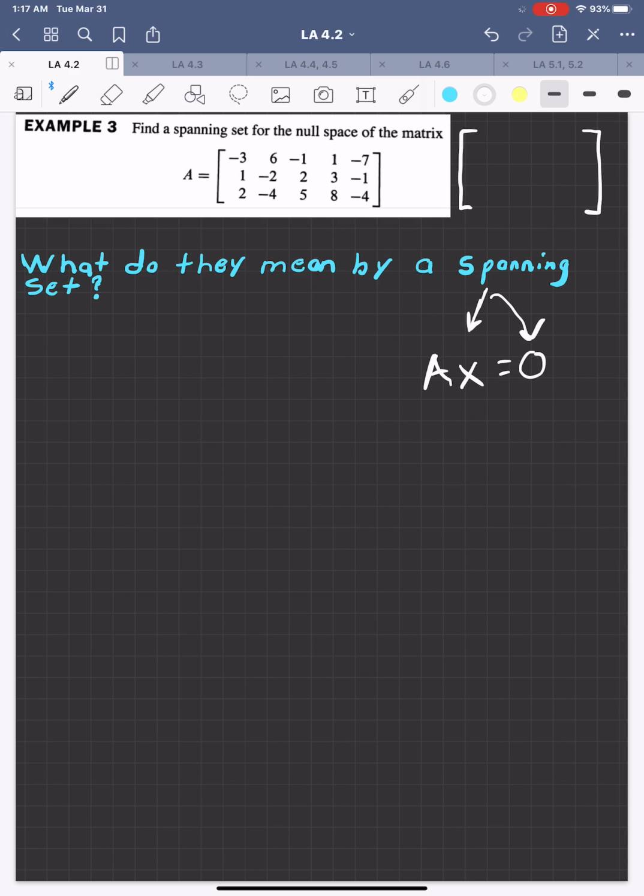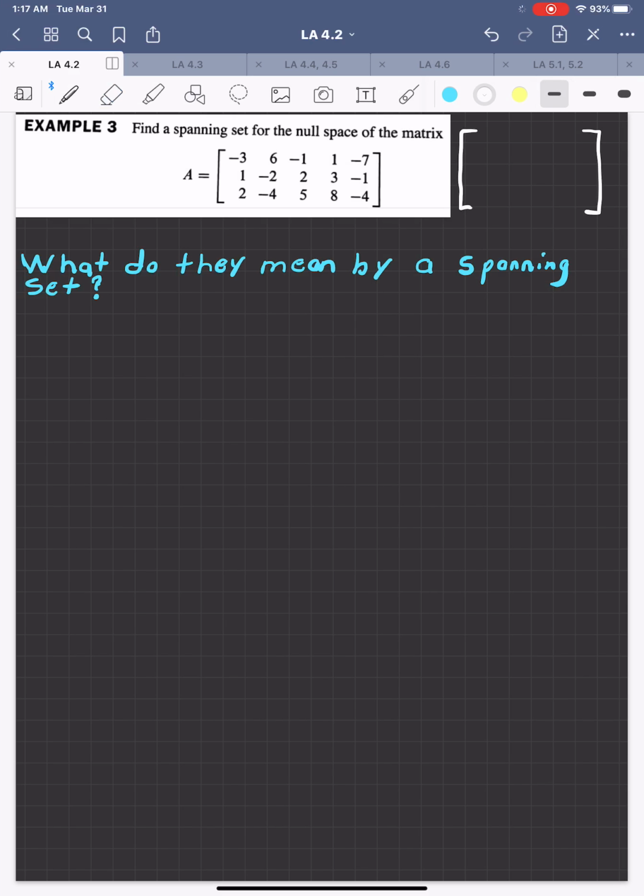Whether that's doable or not, I don't know, but it at least gives you an idea that you're dealing with the solutions to the equation Ax equals 0 when you're dealing with the null space.